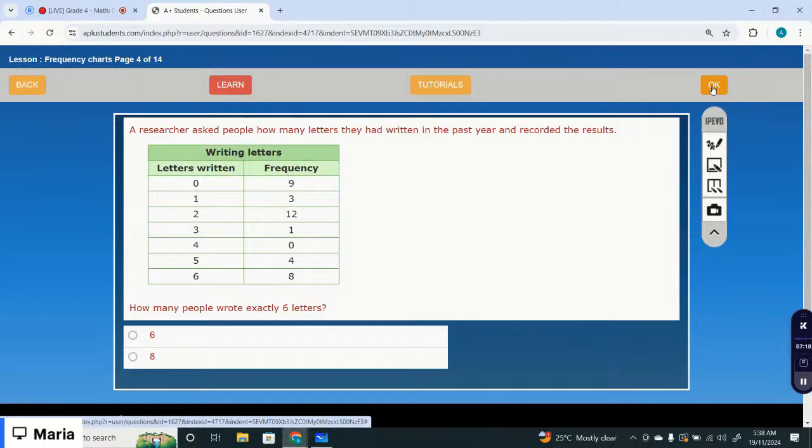Exactly 6 letters. The correct option is 8. Option number 2 is the correct option. Very good.